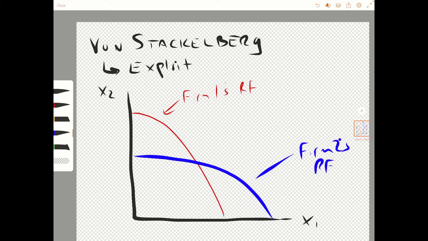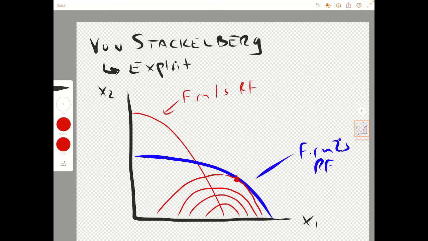The Cournot equilibrium, of course, is where those two lines intersect, but that's not what's going to happen in this case. What's going to happen is that firm 1 is going to try to get to a preferred isoprofit curve by finding a curve that's just tangent to firm 2's reaction function.